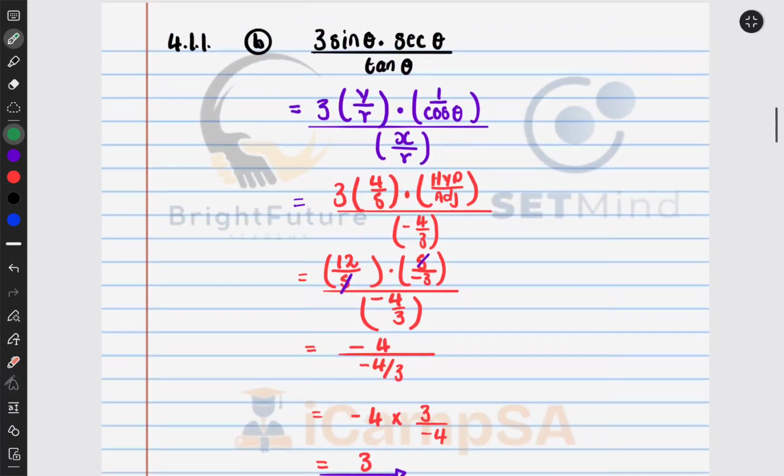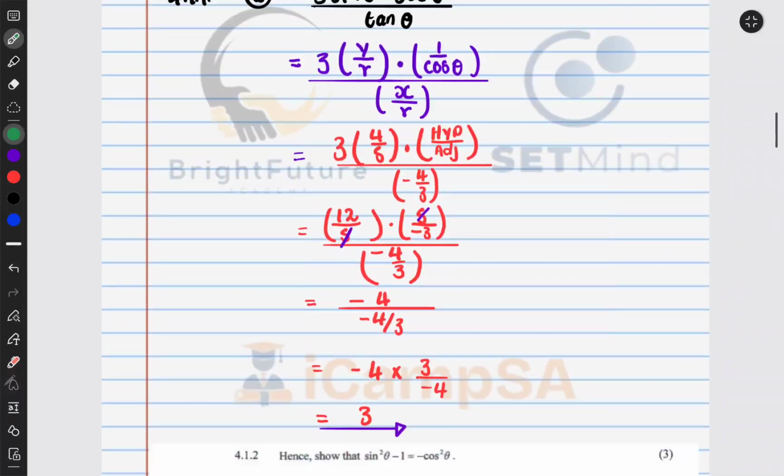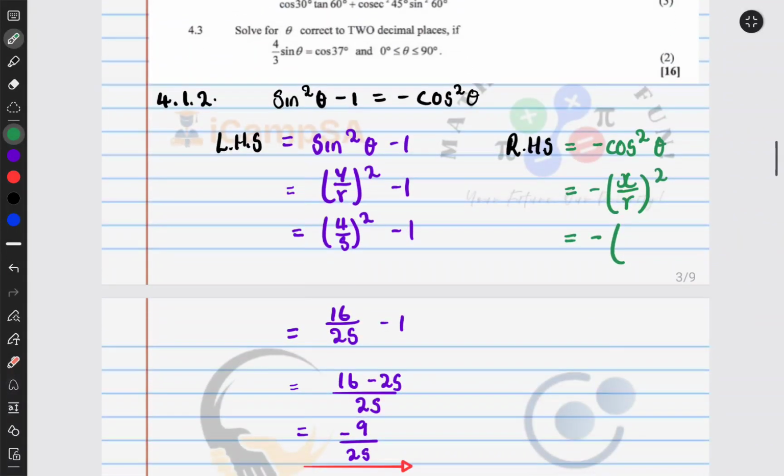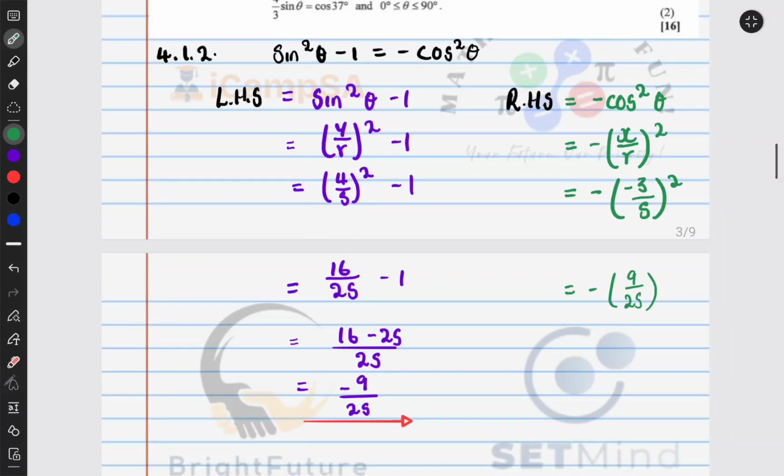The value of x is negative 3 and the hypotenuse is 5, so we have negative open bracket negative 3 over 5 squared. Now let's square what we have there. Negative 3 squared is 9, and 5 squared is 25. Therefore the answer is negative 9 over 25.